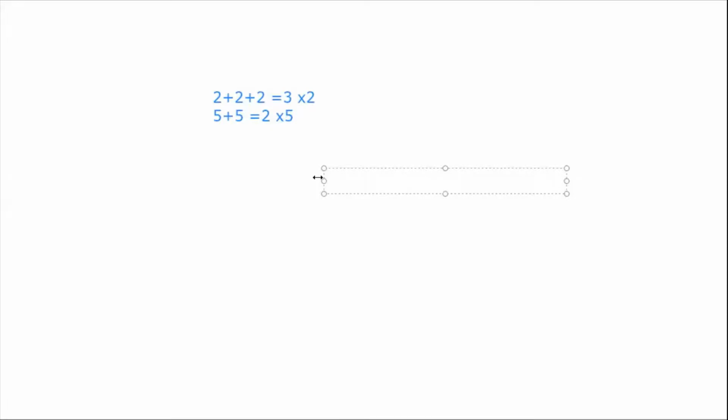So suppose if a square is having 4 centimeter length, it means 4 plus 4 plus 4 plus 4, isn't it? All 4 sides will be 4 plus 4 plus 4 plus 4. So how can we write it? How many times 4?